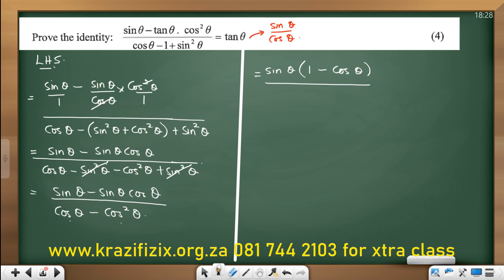It is cos theta. 1 minus. We've taken 1 out, so we are left with 1. Check. We have sine theta over cos what? Theta. And what's your answer? Tan theta. We're done. The left hand side is now equal to the right hand side.